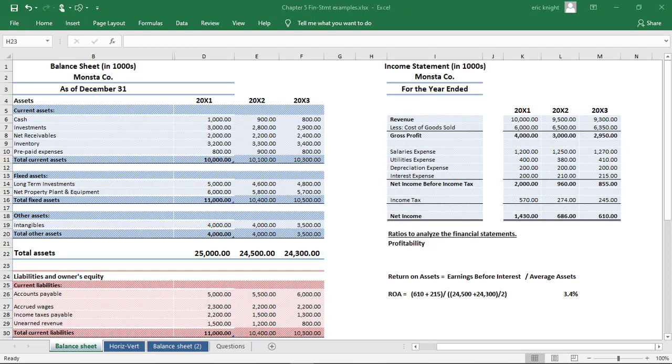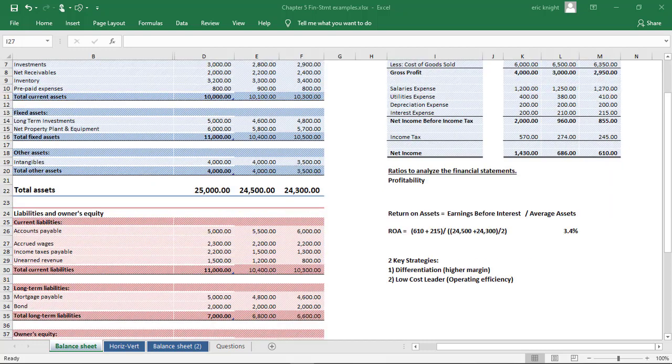And so we see the formula there, and we take the income, 610, we add back the interest, then we divide that by the assets at the end of 20x2 plus the end of 20x3. We average that, so we divide it by 2, and we get a return on our assets of about 3.4%.